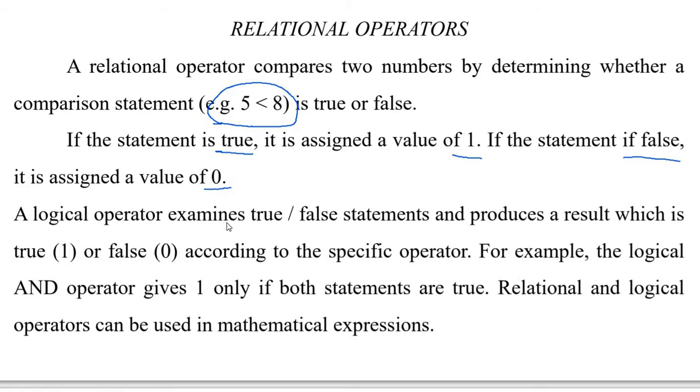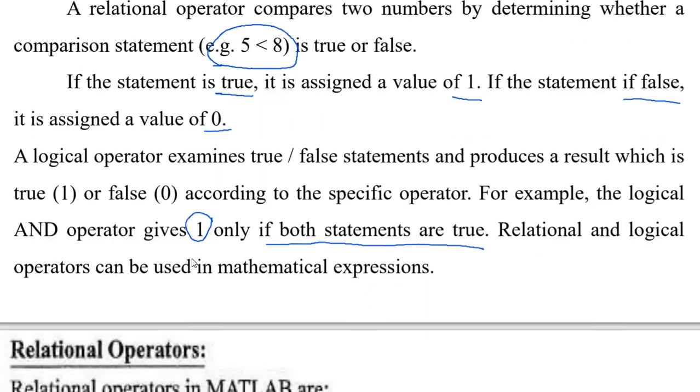A logical expression is a true or false statement and produces a result, true meaning 1 and false meaning 0, according to the specific operator. For example, the logical AND operator gives 1 only if both statements are true. If both statements are true, the result is 1. If both statements are false, the value produced is 0.